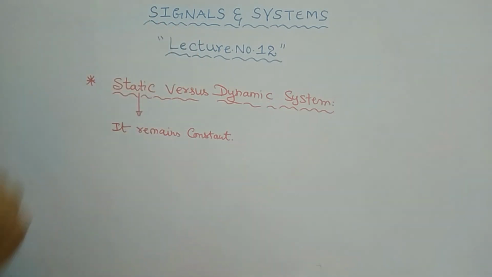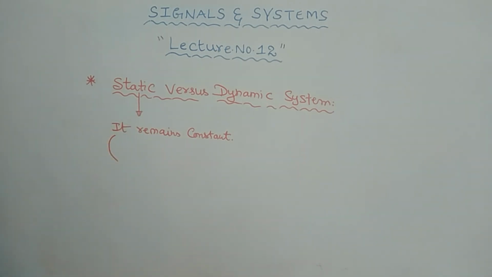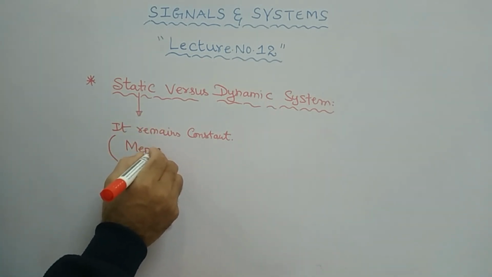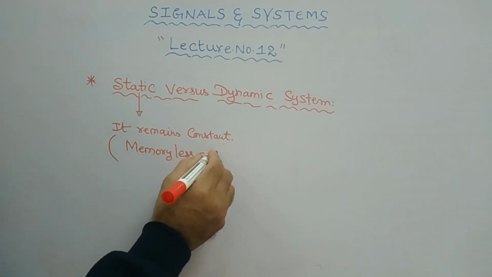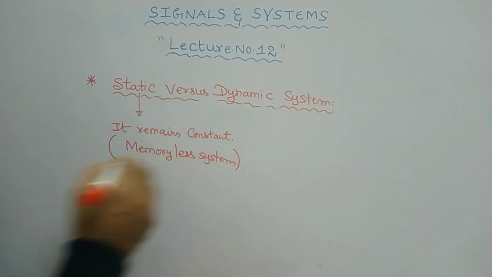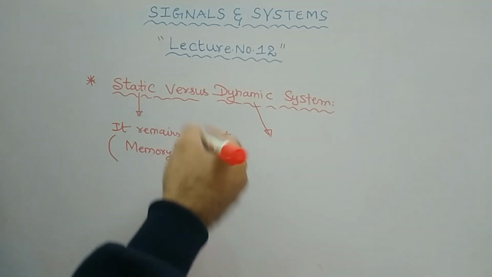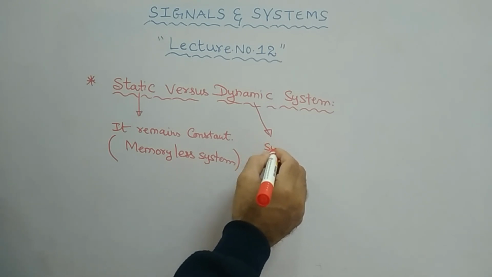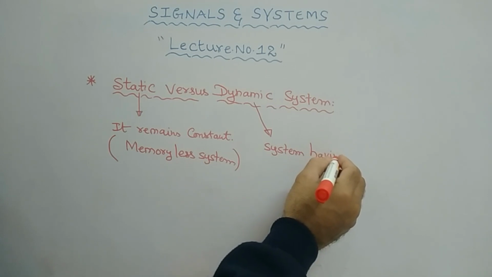As far as our subject is concerned, there is another name for the static system: it is called a memoryless system. Remember it, memoryless. Static system is also called a memoryless system, whereas the dynamic system is called the system having memory.